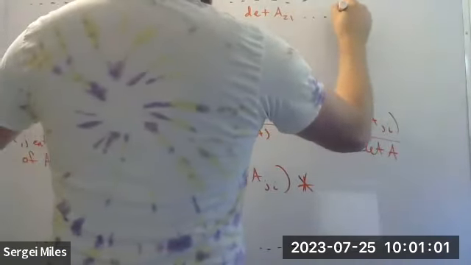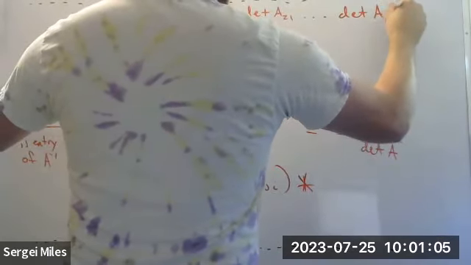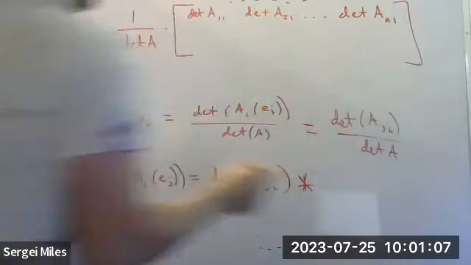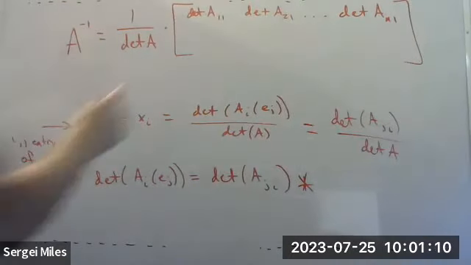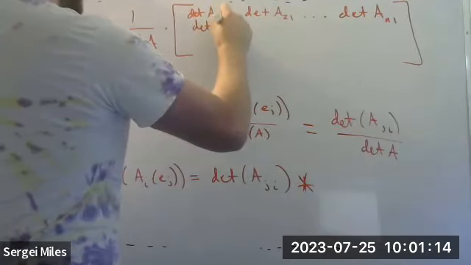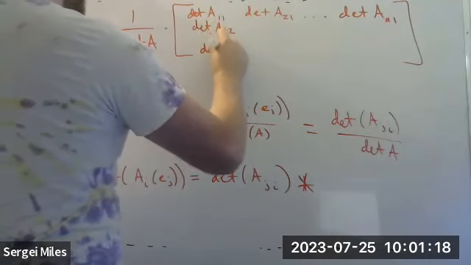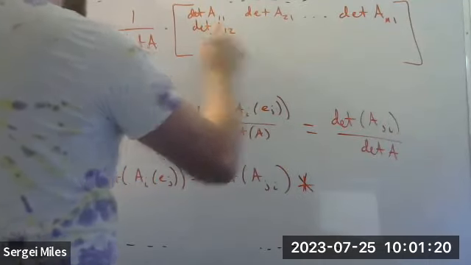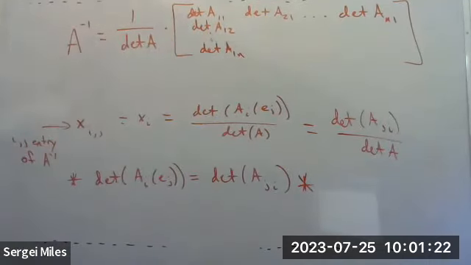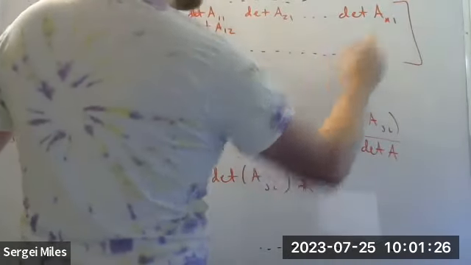Dot, dot, dot. Determinant of A n,1, if it's an n by n, right? Which means this is the determinant of A1,2, dot, dot, dot, determinant of A1,n, and so forth. You can kind of see the pattern here.